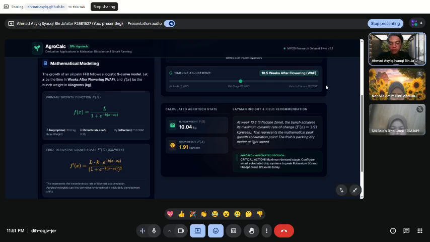By taking the first derivative f prime x, we find f prime x equals L times k times e to the power of negative k times (x minus x0), divided by (1 plus e to the power of negative k times (x minus x0)) squared. This derivative tells us exactly how much biomass is being added per week at any specific point in time.